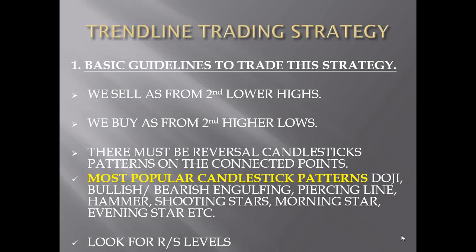Then moving to bullish positions, we said that you start to buy as from the second higher low, and then you also look for any bullish reversal candlestick pattern, and then we usually buy at the support level, or we also look for demand zones. So those are the main basic guidelines that we discussed on our previous lesson.